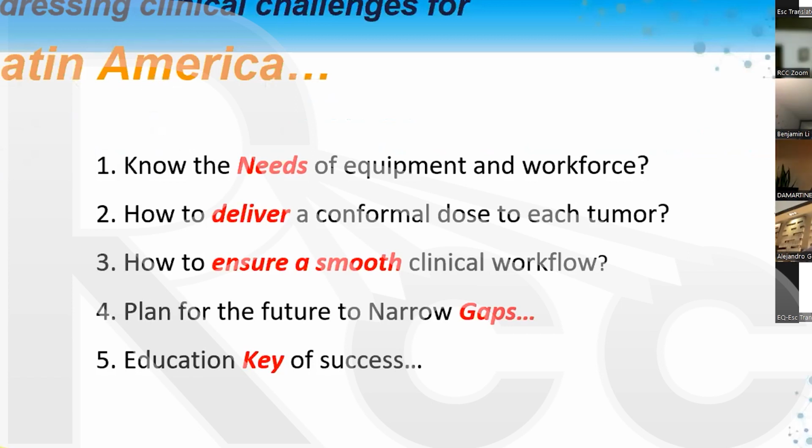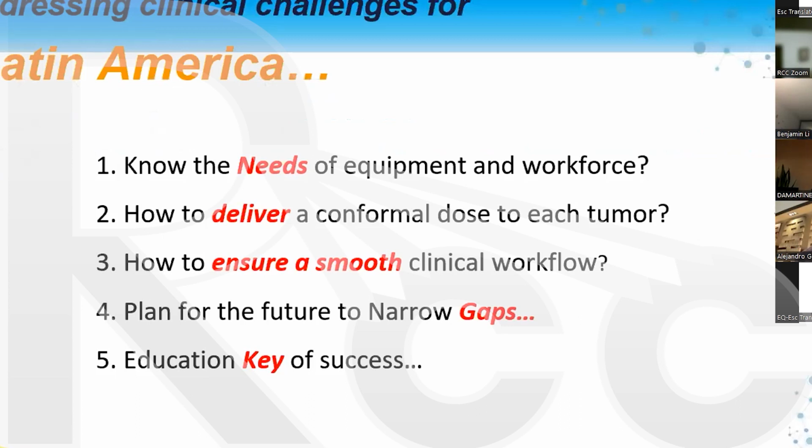So we see which are the clinical challenges that we have within our region. It is important to know the needs of equipment and workforce. We need to understand how to deliver a conformal dose to each type of tumor.